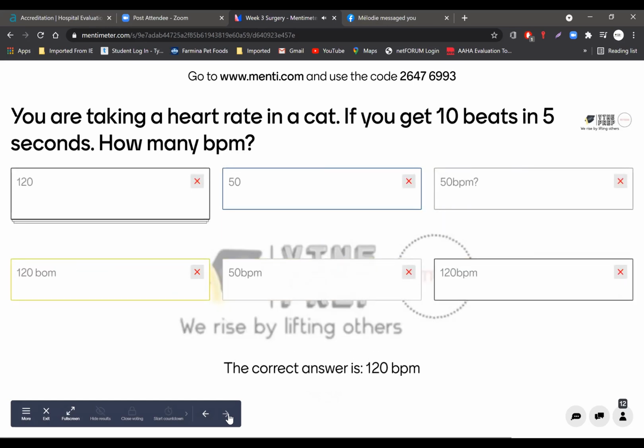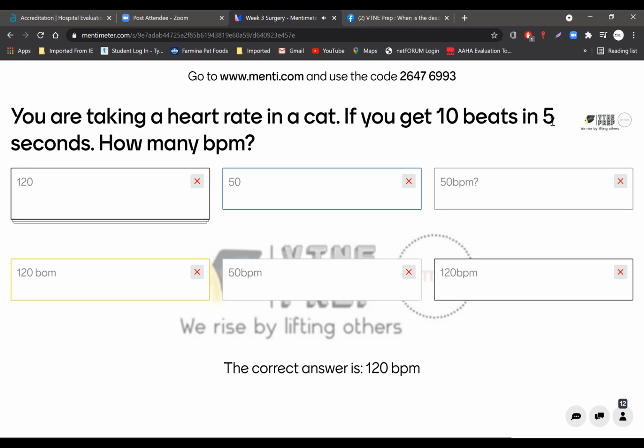How was it 120? So if you get 10 beats in 5 seconds, how many additional seconds do you need to get 60 seconds? Remember, we need 60 seconds, right?